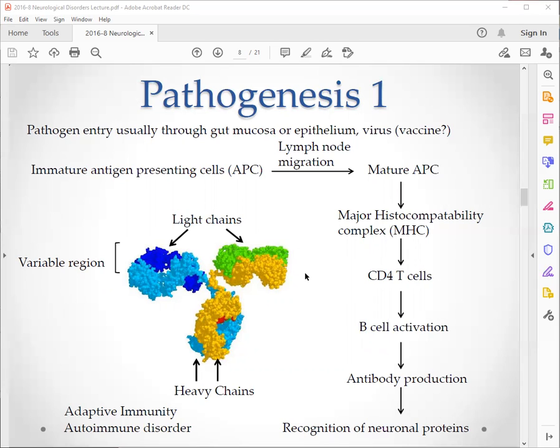Oftentimes, and in this case, the proteins that are produced here, in these variable regions, recognize neuronal proteins and then begin to attack the nervous system itself. So this is called an autoimmune disorder, because your body is generating antibodies that specifically target a component of itself that isn't supposed to be targeted by the immune system.